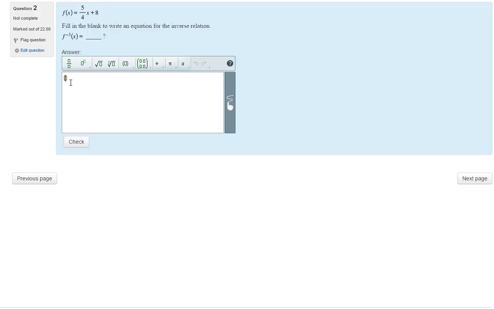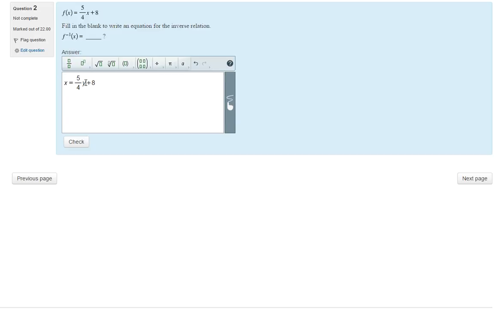Do the same stuff. This time we'll go ahead and rewrite this in terms of y. Next step would be to switch x and y.